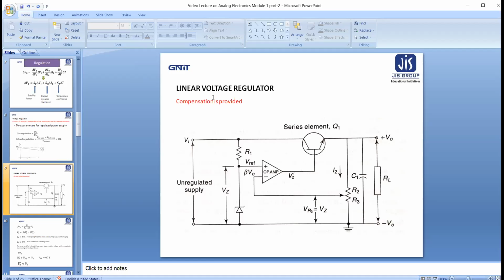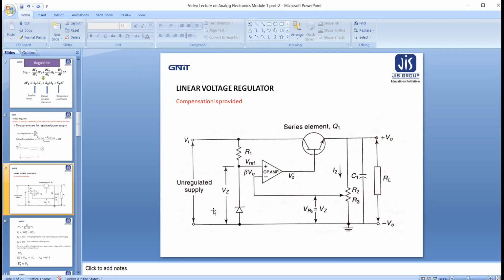So compensation is provided. What is compensation? Compensation means if there is some loss, then we will somehow overcome the loss. So the change in the output voltage will be controlled by a special circuit known as the compensating circuit. The compensating circuit is nothing but the feedback circuit.